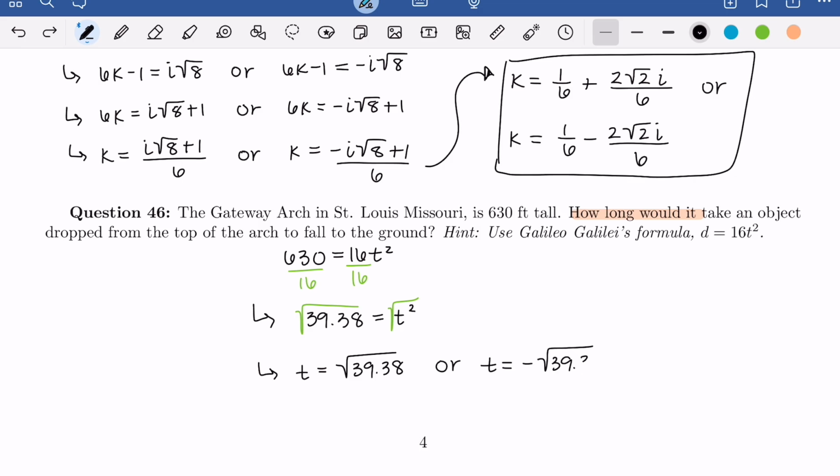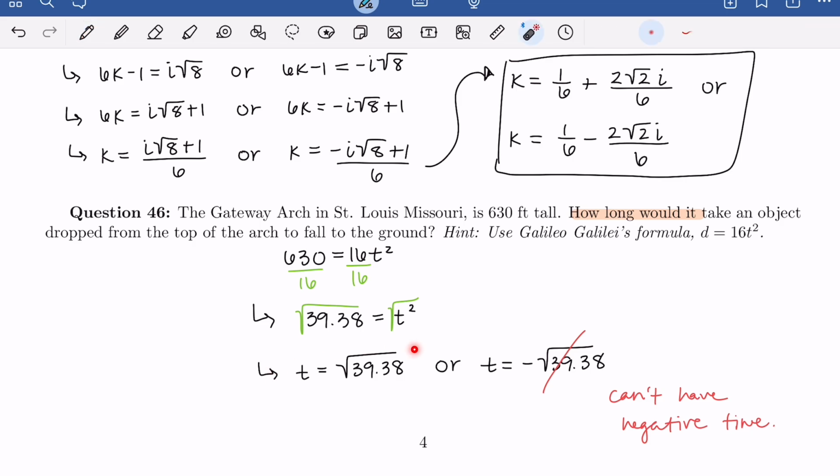However, in this question, we're looking for how long it would take for an object to fall to the ground if it's dropped from the top of the arch. So this is our time in, let's assume seconds, and we can't have negative time. So that means the negative is not going to be a solution, because we can't have negative time.